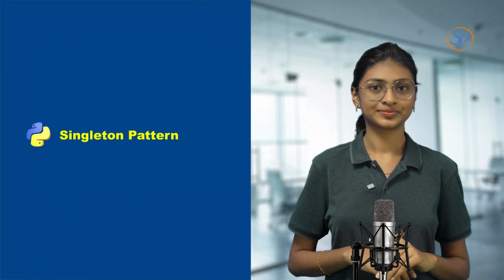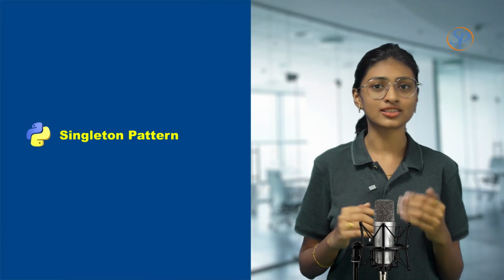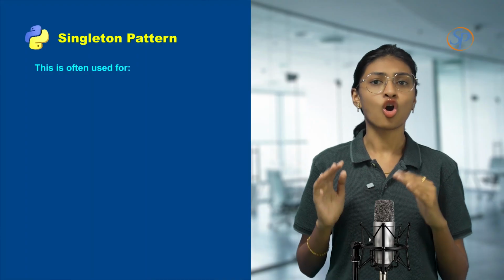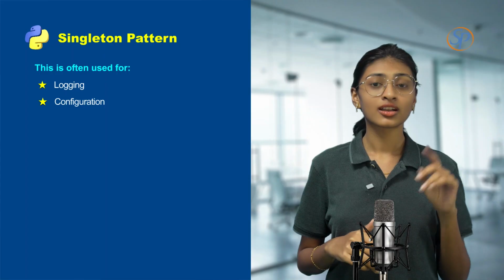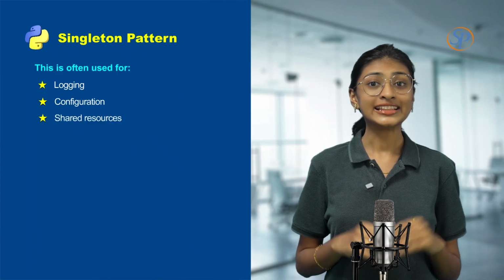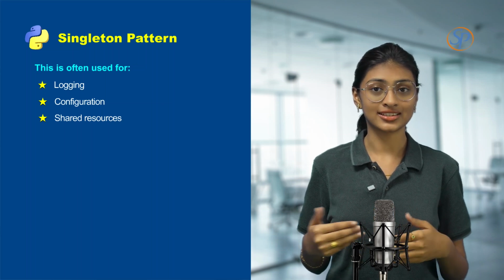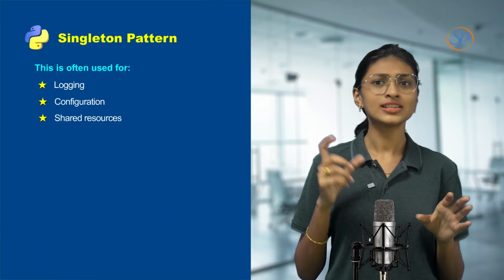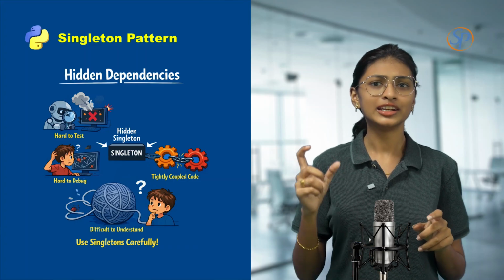Singleton Pattern. The Singleton Pattern ensures only one instance of a class exists. This is often used for logging, configuration, shared resources. The idea sounds simple, but it comes with risks. Common mistakes with singleton patterns. Singletons hide dependencies.